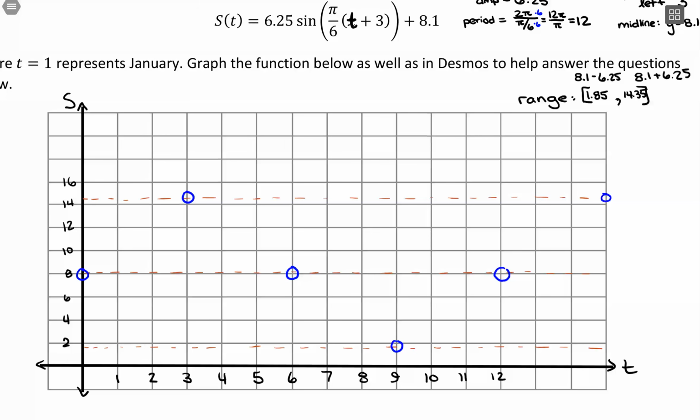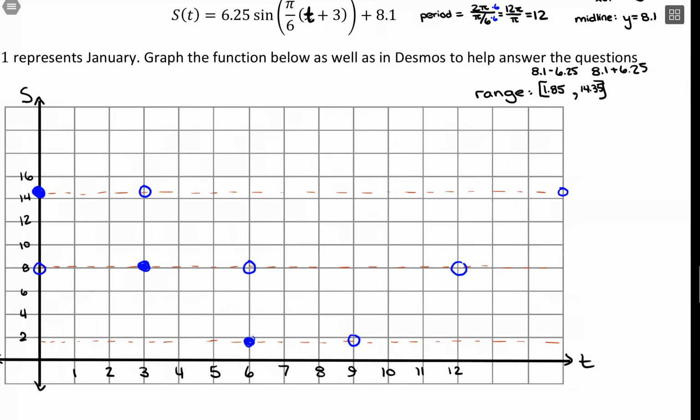Alright, so phase shift to the left. So we're going to take each of these points and move them to the left 3 spots. Now that first point goes off the page, so I'm going to leave that. But our maximum point here will go 1, 2, 3. So we're going to have our first coordinate up there. And to the left 3, to the left 3, to the left 3.